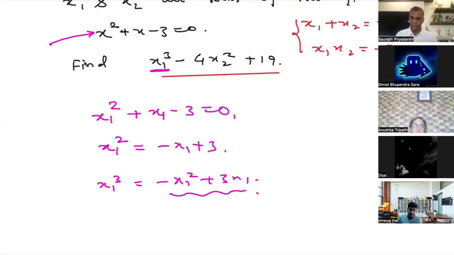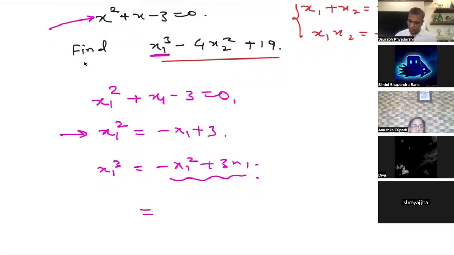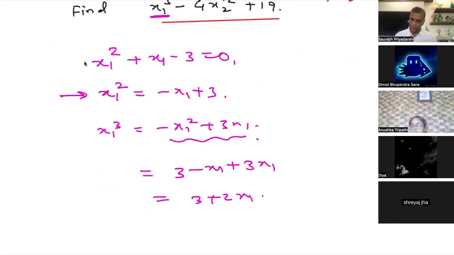So now x1 cube you have, and x2 square. But we know x1 square is minus x1 plus 3, so this is 3 minus x1 plus 3x1. So this is 3 plus 2x1, in the simplest form.